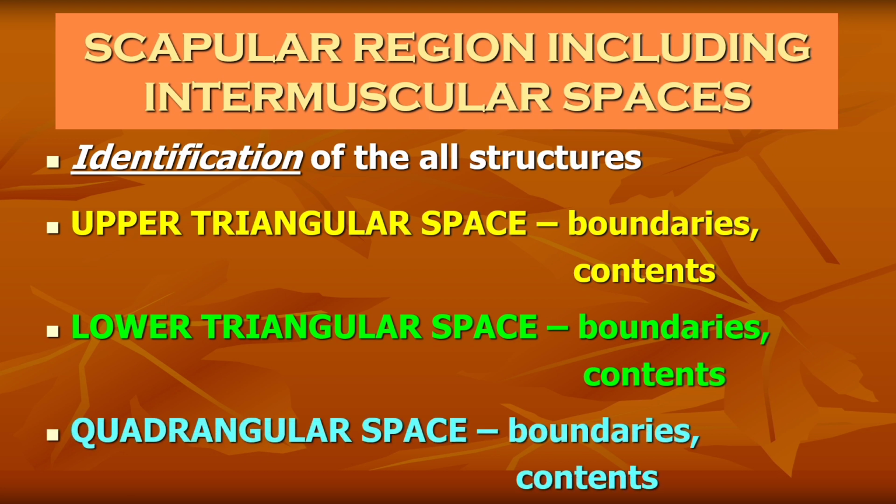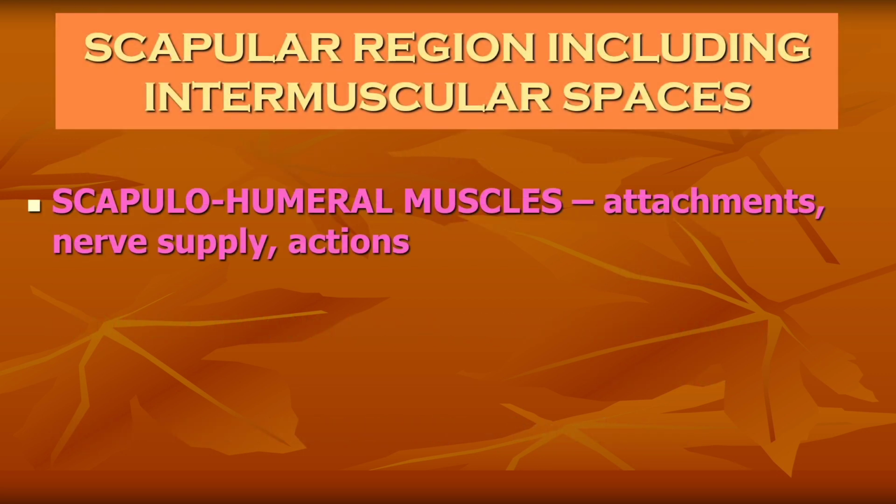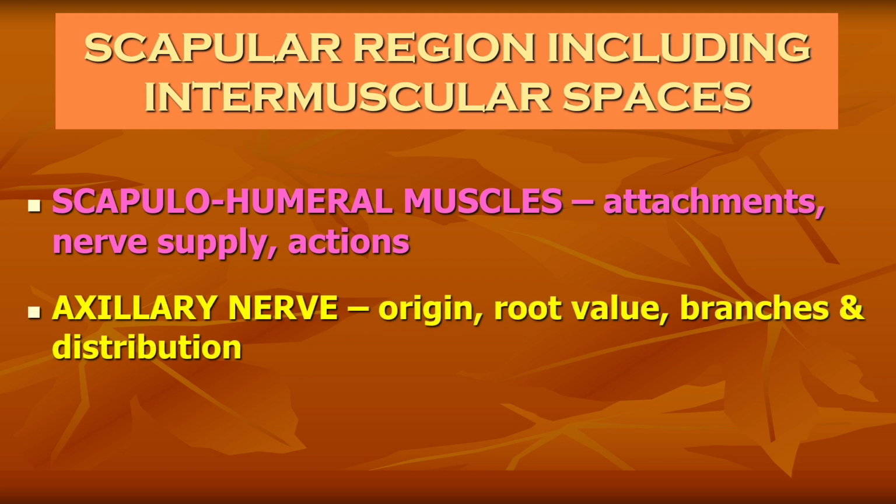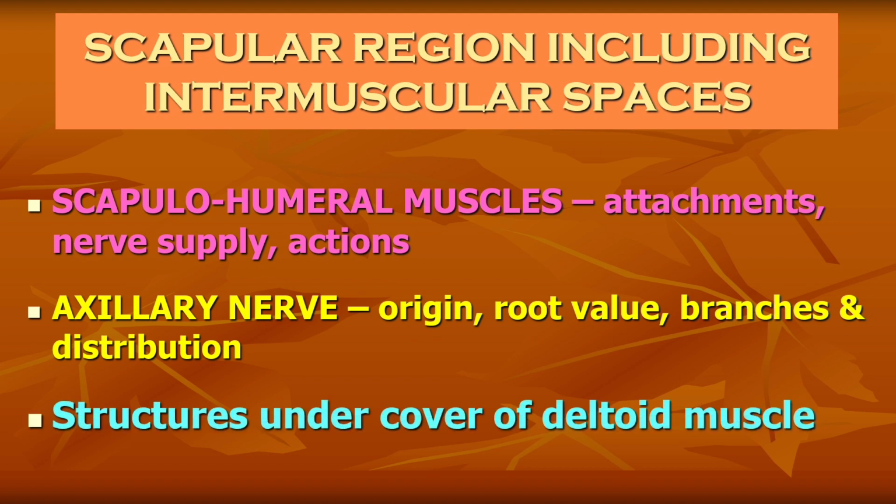Similarly, quadrangular space can be asked for its boundaries and contents. Other questions include scapulohumeral muscles, the names of those muscles, attachments, nerve supply, actions. Axillary nerve can be asked for its origin, root value, branches and distribution. And structures under cover of deltoid muscle can be asked.